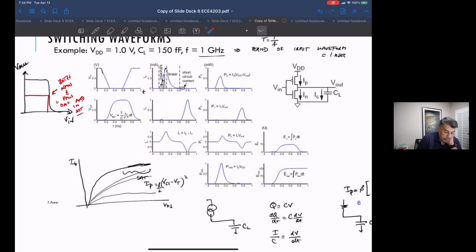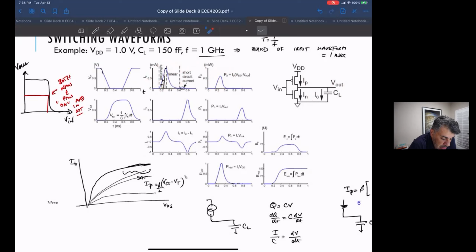So when we go from current to power, we're just multiplying the current by the power supply. If we're looking at just the PMOS current, we don't multiply it by the power supply, but we multiply that instantaneous current by the instantaneous voltage across the PMOS.